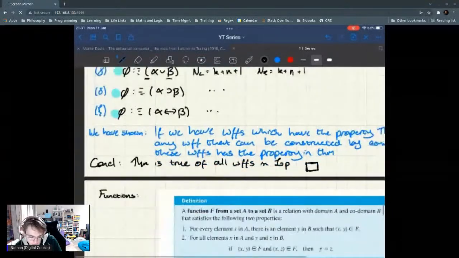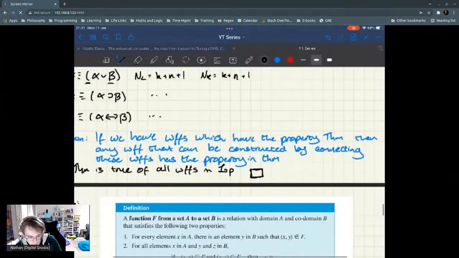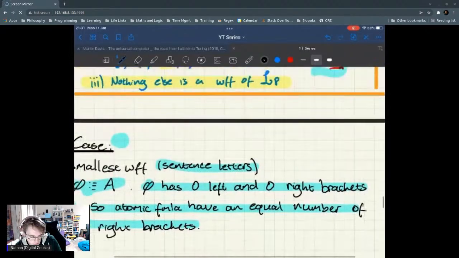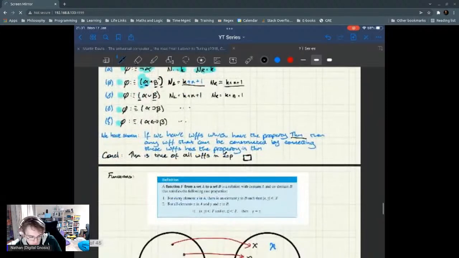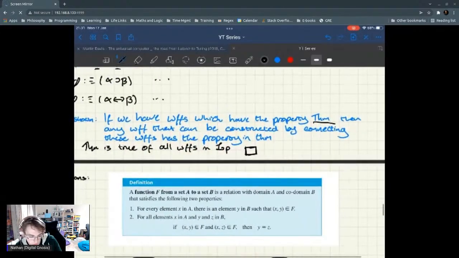I've written out in blue here, for example, if we have well-formed formulas which have the property of our theorem, so remember, the property that we're trying to prove in the theorem is that every well-formed formula in our language has an equal number of left and right-hand brackets, then any well-formed formula that can be constructed by connecting these well-formed formulas has the property in the theorem.